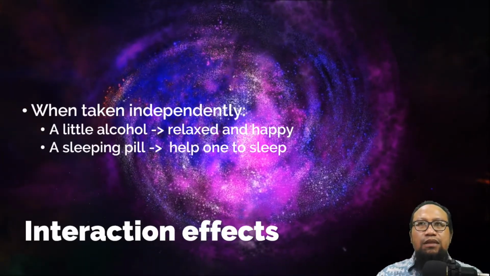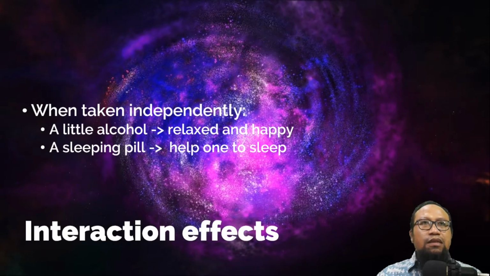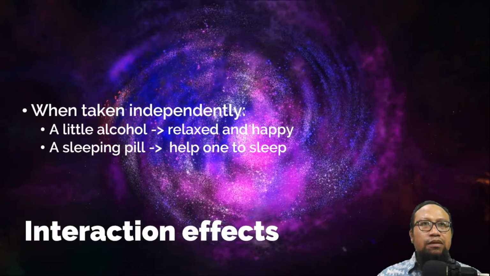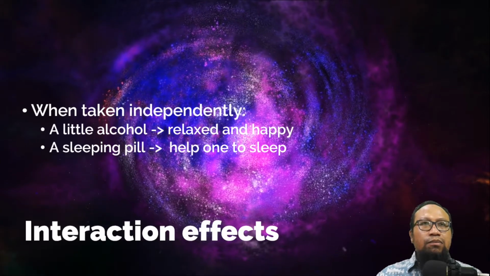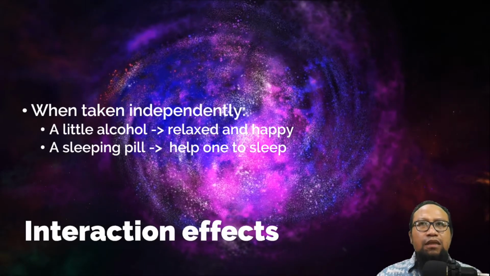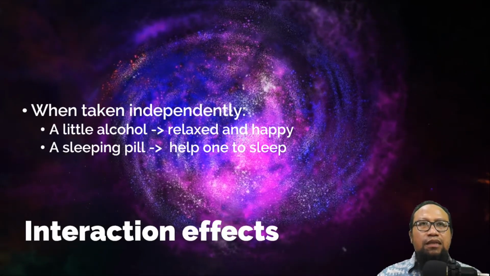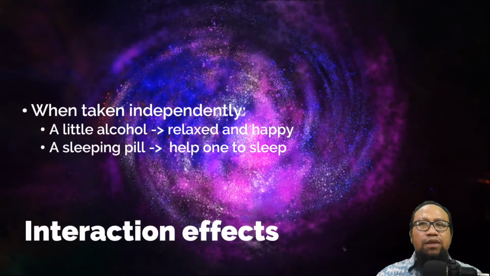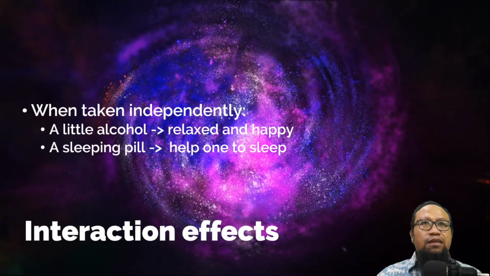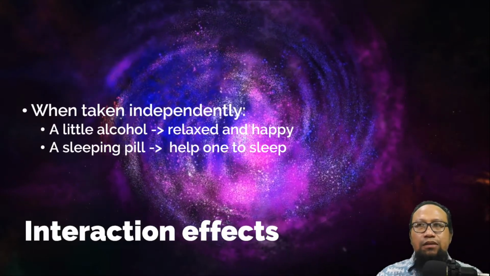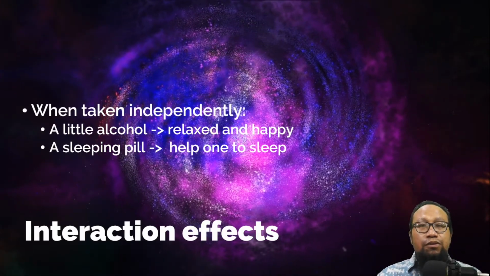When taken independently, a little alcohol, perhaps a couple of drinks at a party, will make us relax and happy. Also a sleeping pill, when it is taken independently, this is important, independently, will help one to fall asleep.